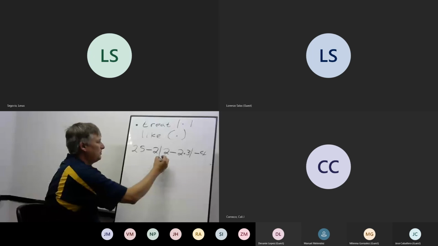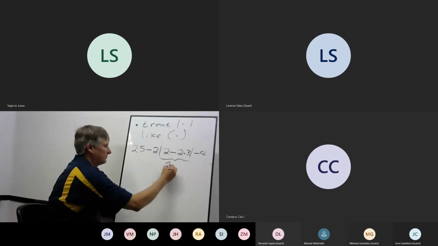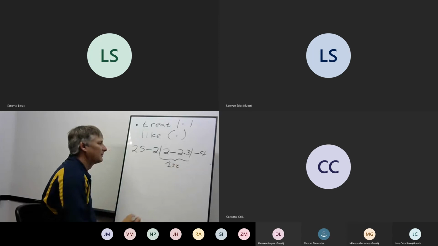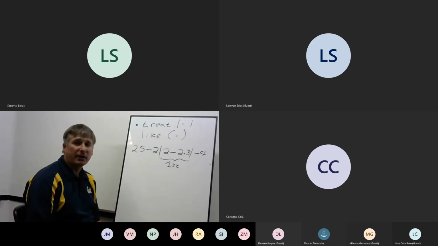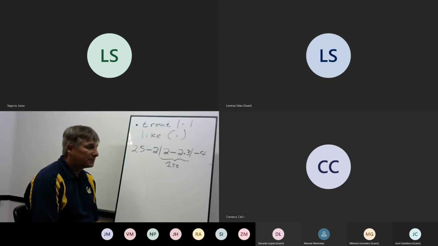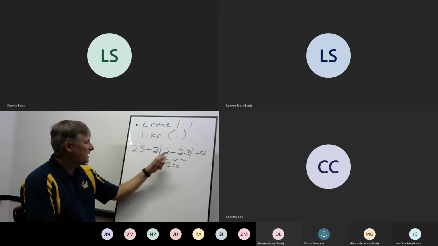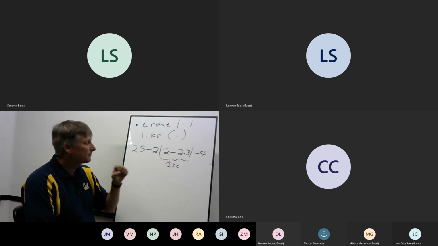What we're going to do is we'll do these calculations first. We're going to treat the absolute values like parentheses. Now, if we think about what PEMDAS is, PEMDAS is our order of operations where we do parentheses first. So if we're going to treat absolute values like parentheses, we've got to do these calculations first.